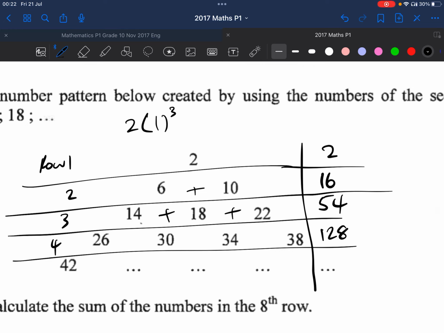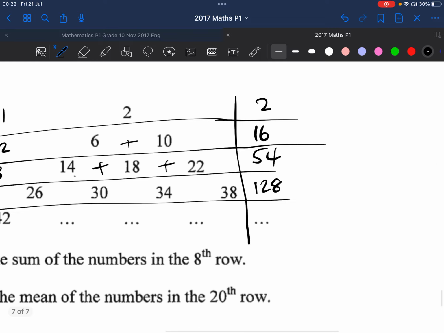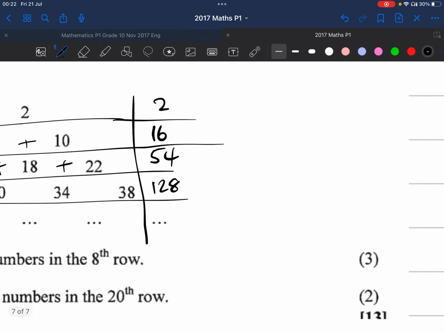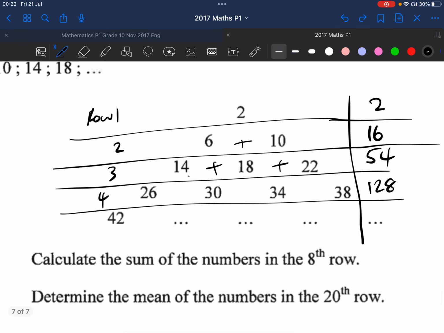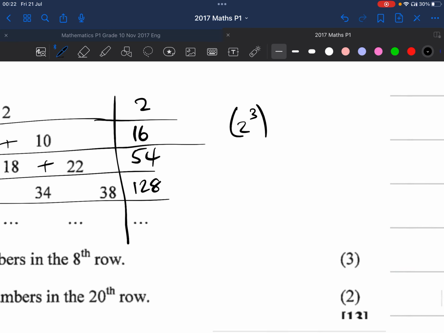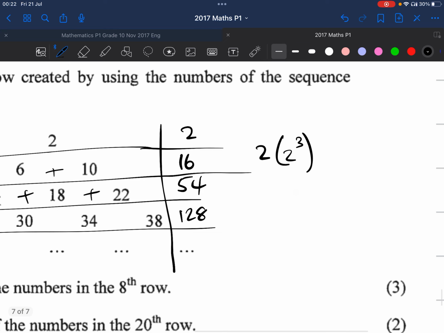Okay, so if I take 1 cubed, it's 1, right, and then 2 times 1 is just 2. If I look at the next one in the line, I have 16. Okay, so 2 cubed, because 2 is n, right, it's the second row, 2 cubed is 8, and if I times that by 2, I get 16 as well.